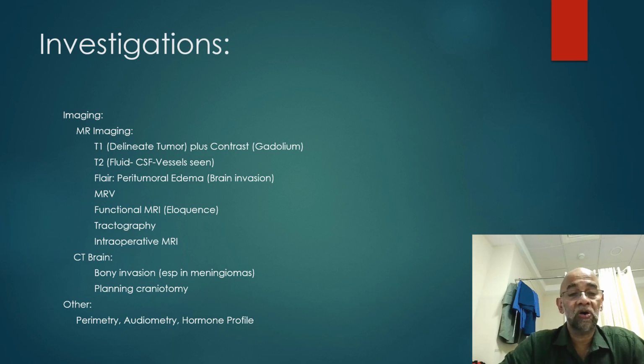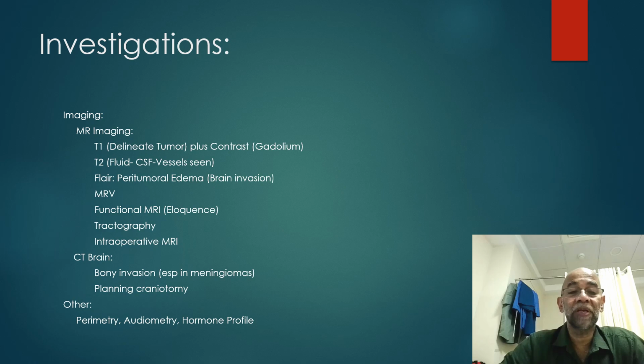CT scan has got a role in many of the tumors, especially in meningiomas, when you want to see what is the degree of bone invasion. For example, in an olfactory groove meningioma, you want to see how much is the thickening of the anterior cranial fossa floor.